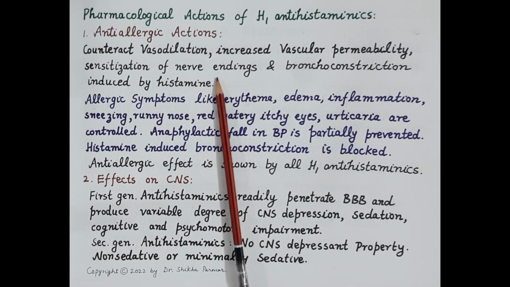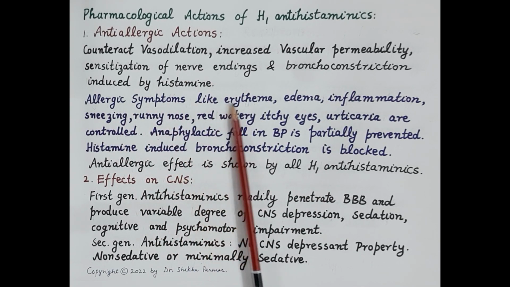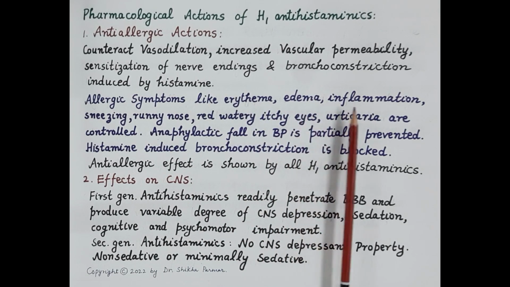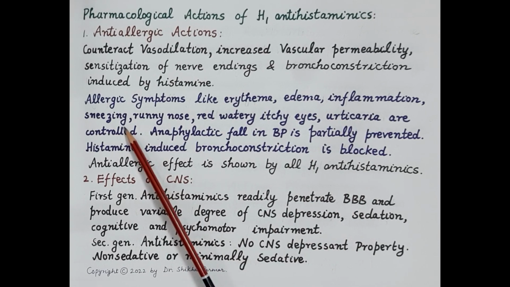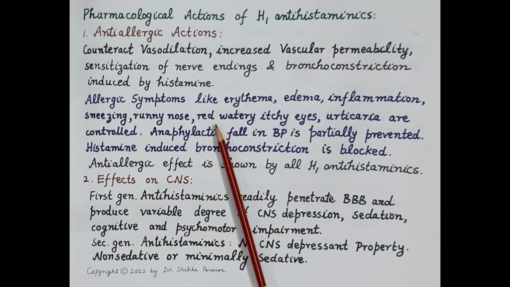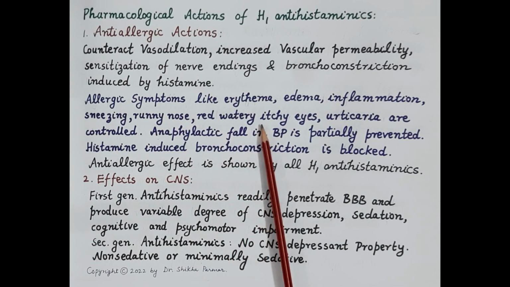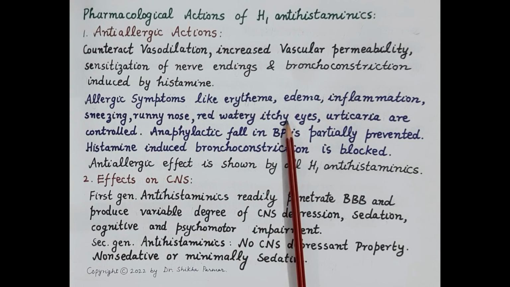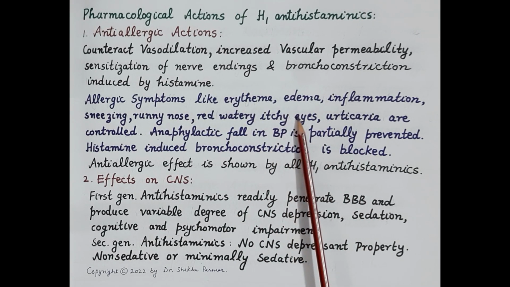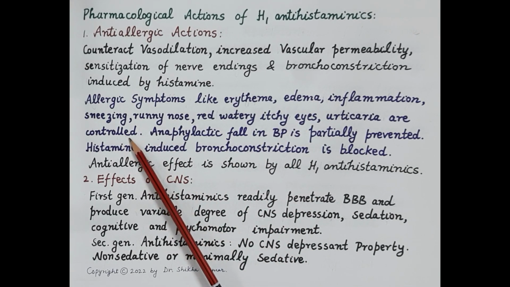Now allergic symptoms like erythema, that is redness of the skin, edema, that is swelling, inflammation, then sneezing, runny nose, characteristic feature of allergic rhinitis, then red watery itching eyes seen during allergic conjunctivitis, urticaria, that is skin rashes. All these symptoms are controlled by all, that is first as well as second generation H1 antihistaminics.